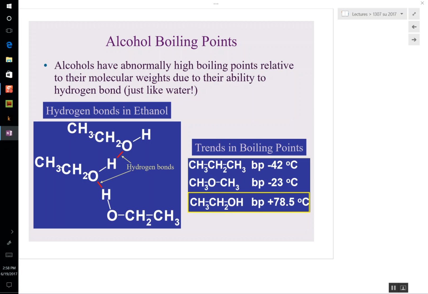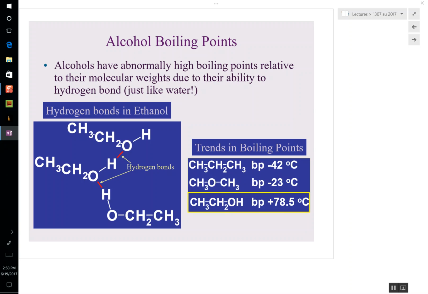Why? Because it's like Velcro. It's attracted to itself. So you have got to heat it up really hot to break these bonds, this hydrogen bonding, to overcome that attraction and get the molecule to escape into the atmosphere, into the air around it.